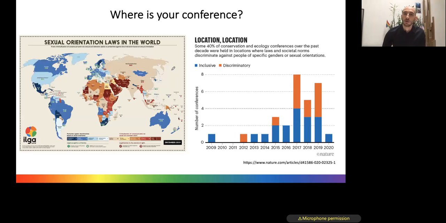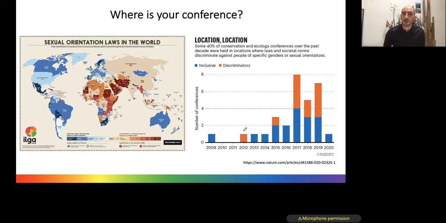Because not everywhere in the world are LGBTQ people or other minorities supported or protected. For example, in the field of conservation and ecology, over the past decades, so we are talking from 2020 to 2009, we are not talking about the 50s, 60s, or whatever in the past, over 40% of the conferences were held in places that had discriminatory laws against LGBTQ people or other minorities, meaning that you are excluding a huge part of the scientists from going to a conference.